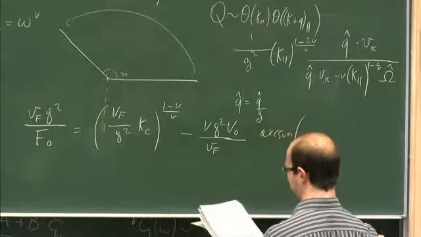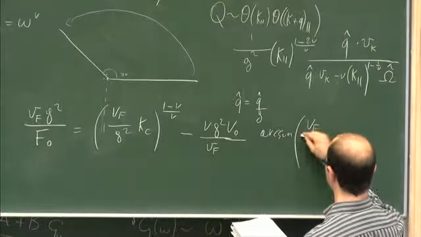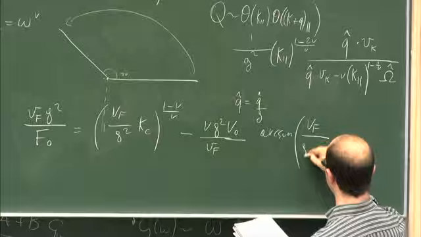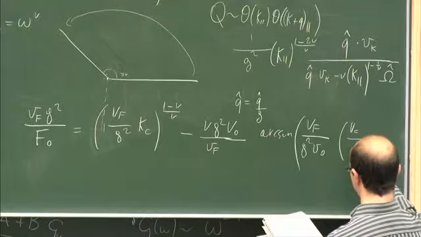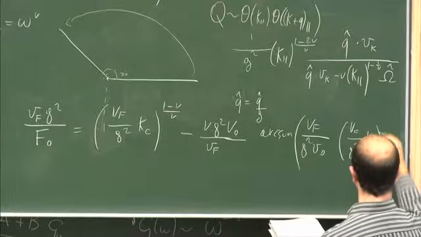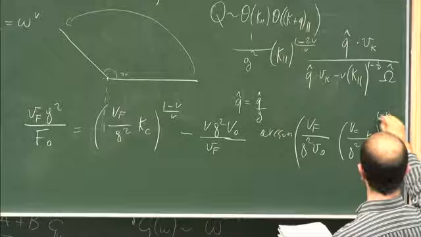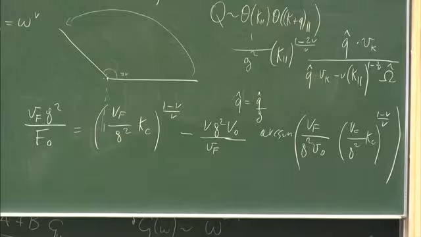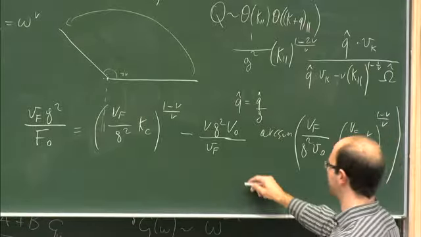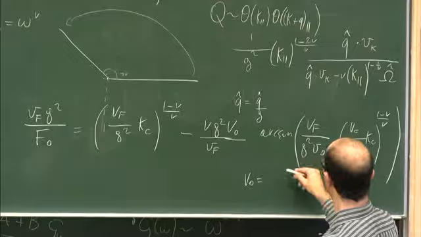It's now a much more complicated equation. It's a transcendental equation for V0, and then there is Vf over d squared. V0 here is the zero sound velocity defined as omega over q.